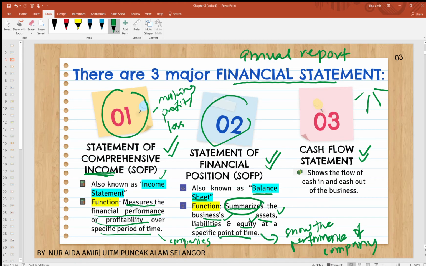The cash flow statement shows the flow of cash in and cash out, how the company's money comes in and goes out. That is basically it. But what I want you to focus on is only the statement of financial position. Okay, next slide.